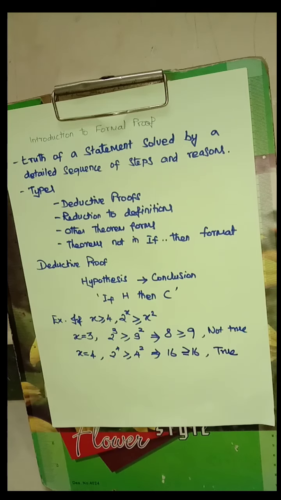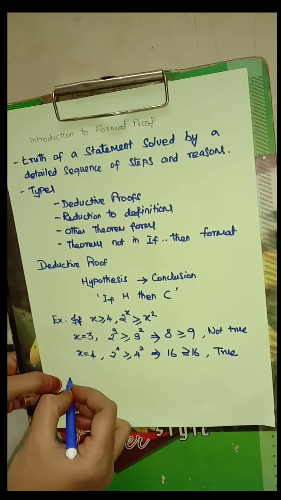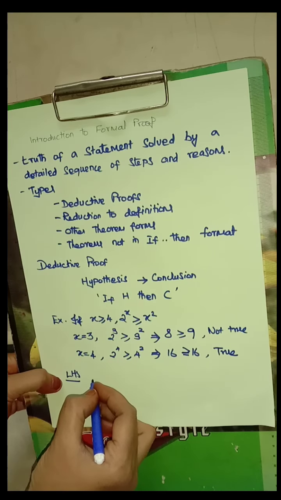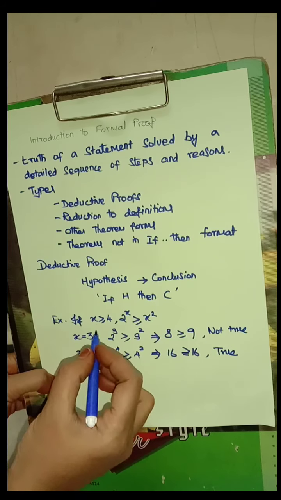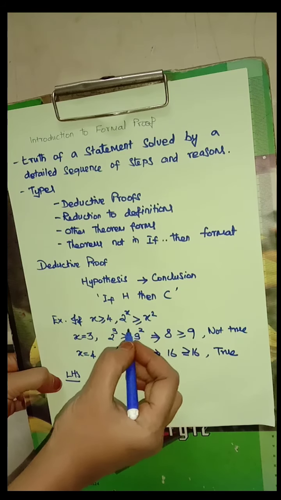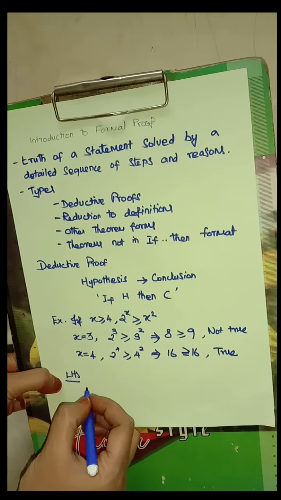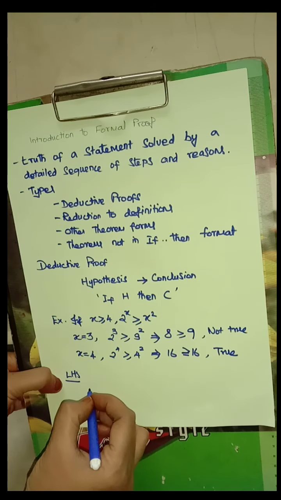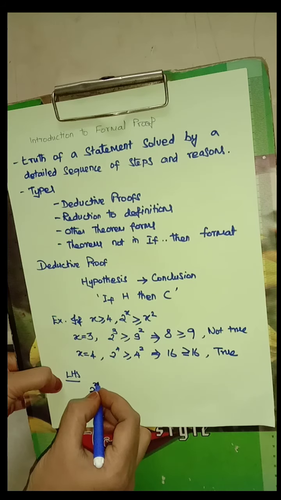So this can be proved formally by taking the left hand side. Under the left hand side we have x is greater than or equal to 4, and in the conclusion side 2 power x is greater than or equal to x square. In the conclusion side, let me take 2 power x.